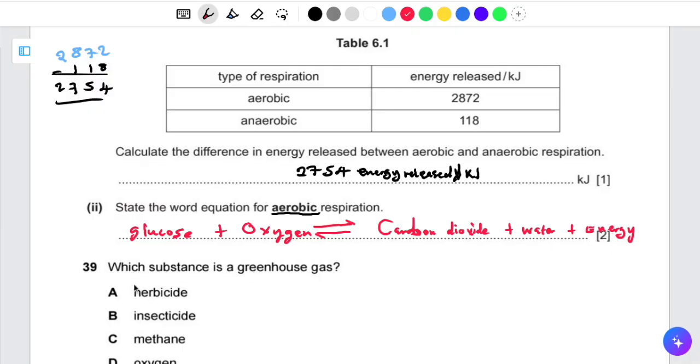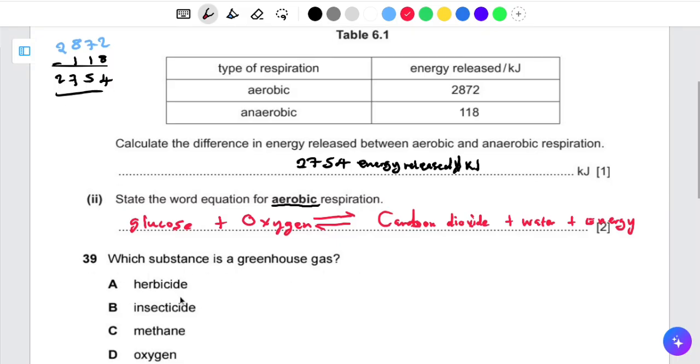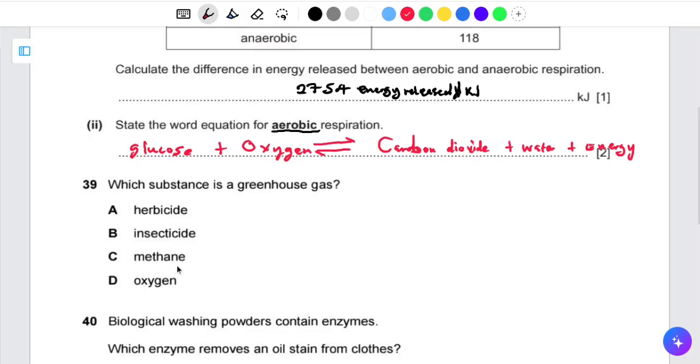So for the next questions, let's look at the multiple choice questions. We have the first one. Which substance is a greenhouse gas? We have the herbicide, the insecticide, methane, and oxygen. So we are going to have methane.